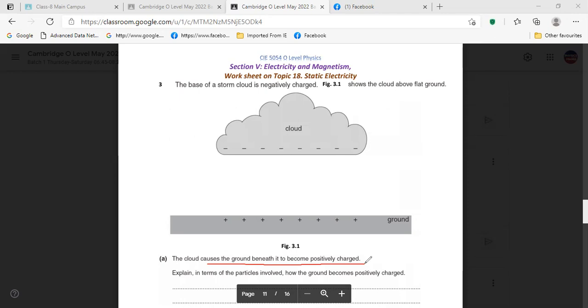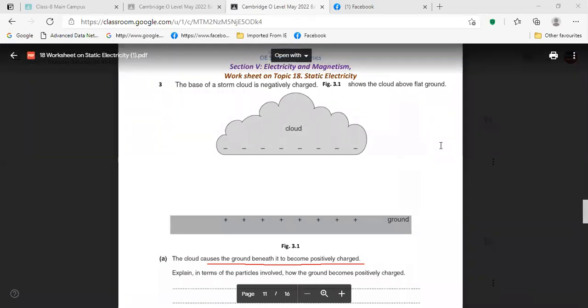In the previous question, when we were bringing a positively charged rod, the sphere K closer to the rod became negatively charged. So the same thing is happening here.